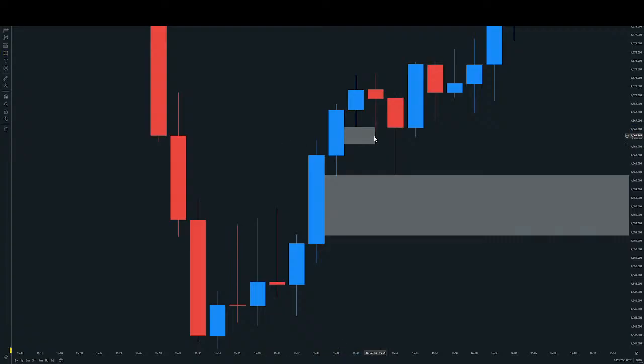Like I said before, once two fair value gaps have been created, it will always come in to take out the first fair value gap and then make a reversal, just like this. So here, the market reverses and clears out this fair value gap. The moment it clears it out, what next? A reversal.